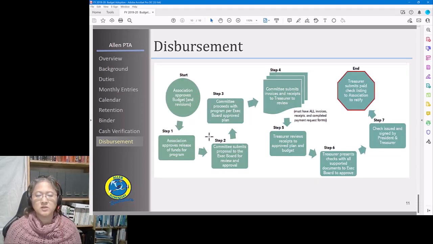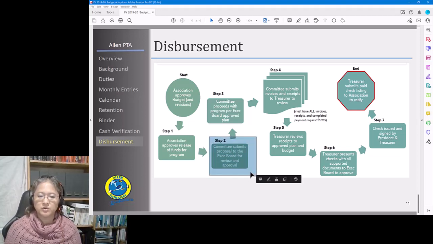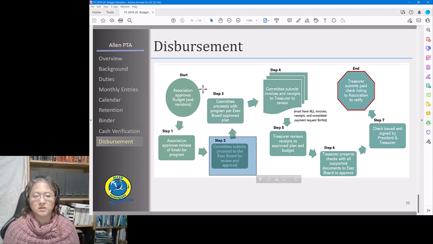Next, after the program has been approved and the budget has been approved, the chair or the committee can submit a proposal to the executive board for review. The proposal should include what they plan to spend, what they think the cost would be, what they are planning on spending on, and when it is.